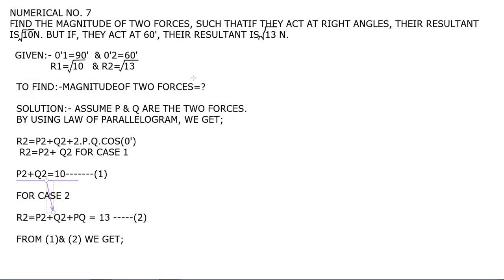P square plus Q square. You can substitute this value here. P square plus Q square is equal to 10, you can put here. So therefore you will get 13 is equal to, this expression 2 we are writing, 13 is equal to P square plus Q square equal to 10 plus PQ.